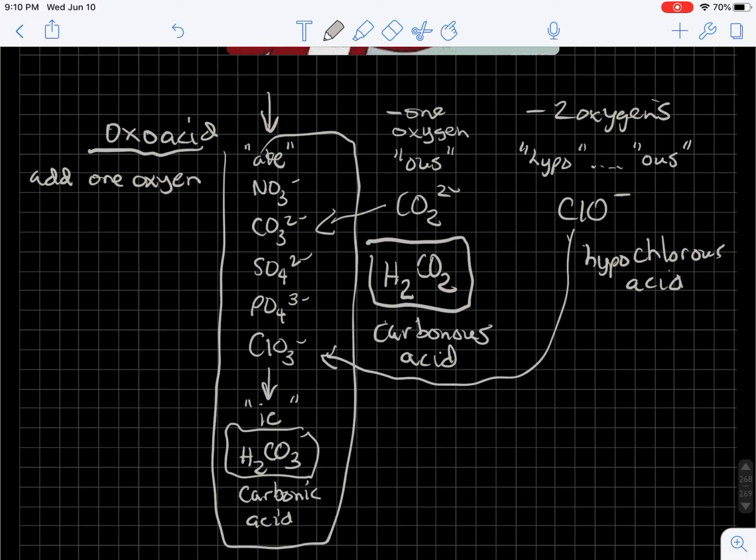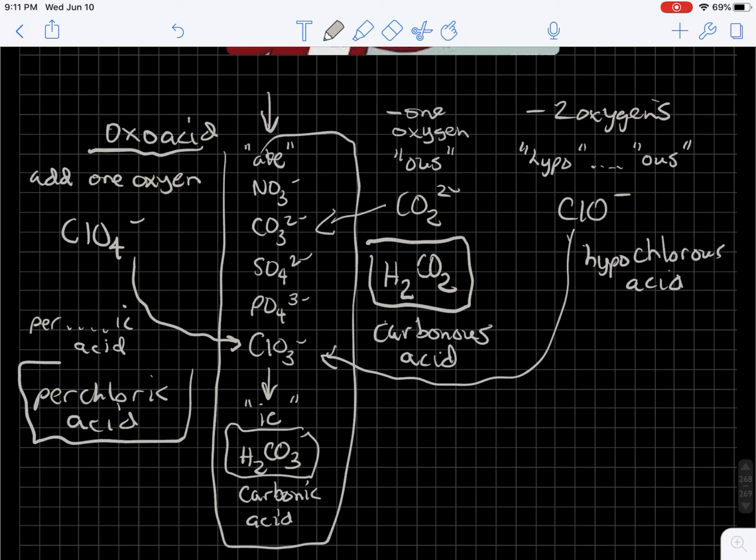So we already used ic for the column I had you memorize, but if you add one oxygen to that column, like ClO4 minus, again, it looks suspiciously like ClO3 minus, which is chlorate, but this is called perchlorate. So the name of the acid is going to be per-whatever-ic acid. So instead of chloric acid, we would call this perchloric acid.